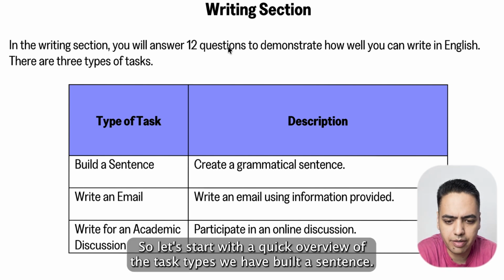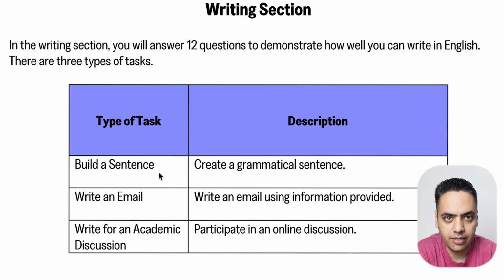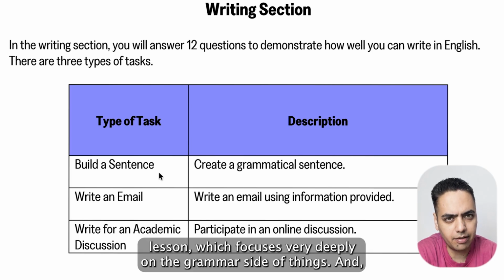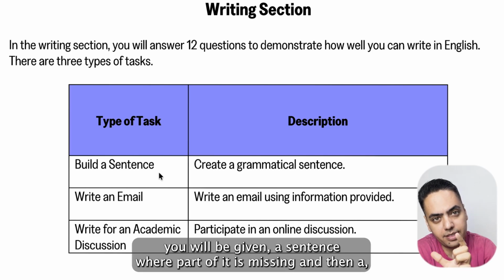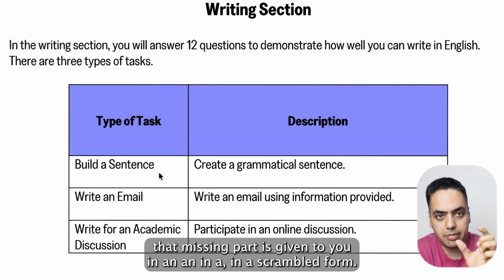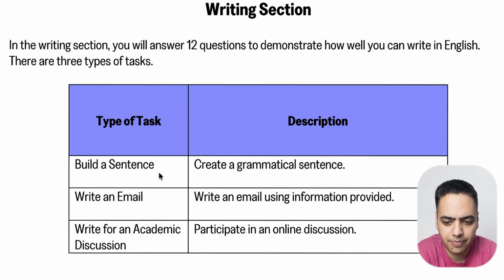So let's start with a quick overview of the task types. We have build a sentence. I told you this was a grammar, writing, vocabulary kind of lesson, which focuses very deeply on the grammar side of things. And you will be given a sentence where part of it is missing, and then that missing part is given to you in a scrambled form, and then you have to put them together and form this sentence.